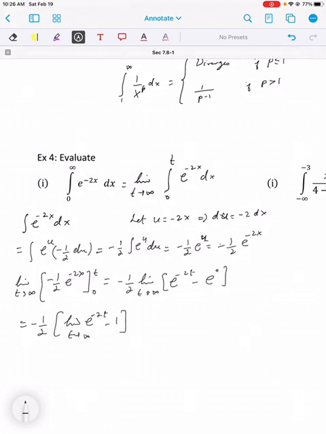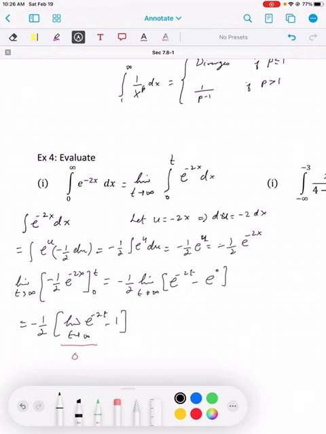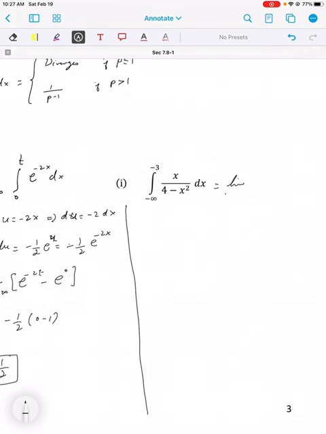Looking at this example, first we write it as a limit as t goes to minus infinity in this case, and then we will put the t here, and negative 3x over 4 minus x squared dx. So again, using u substitution or using the trig substitution, x equals 2 sine theta, you can do it.